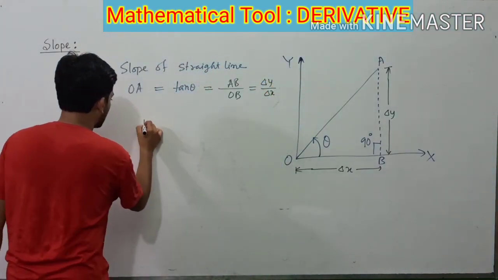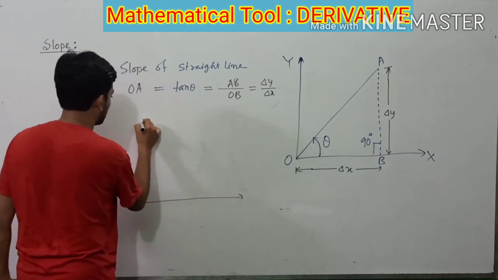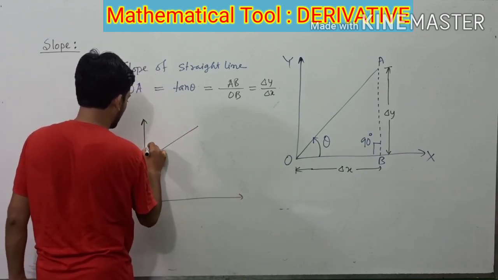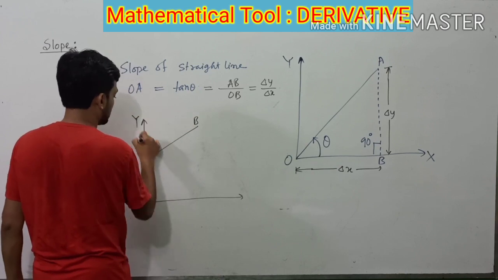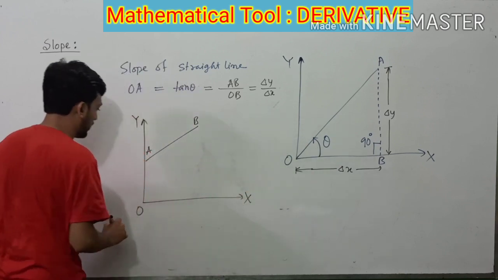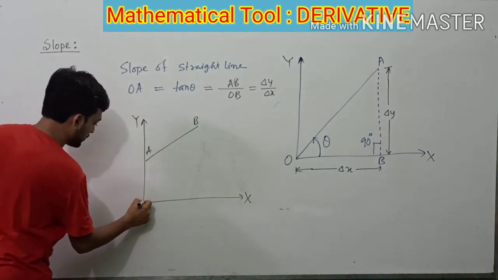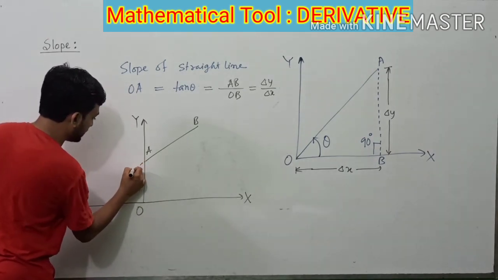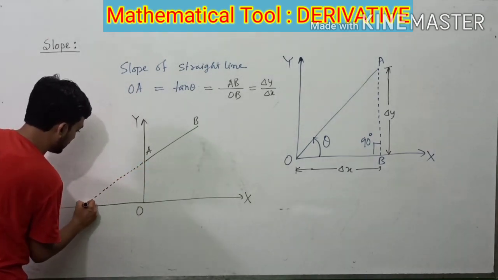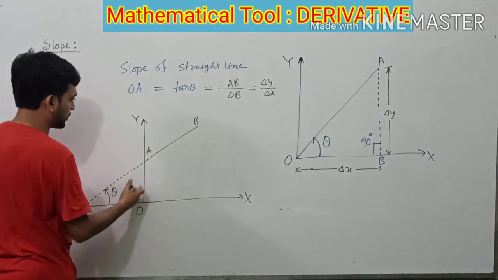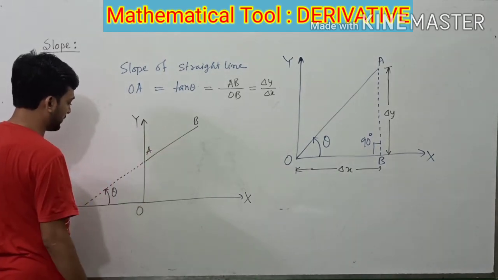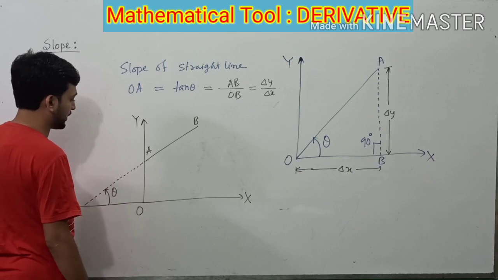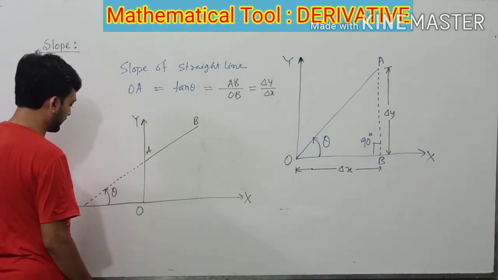Now if you consider this curve AB, then what will be its slope? What we need to do? We have to extend the straight line AB in backward direction so that we can find out the angle made by the extended part of the straight line AB with the positive direction of x-axis.